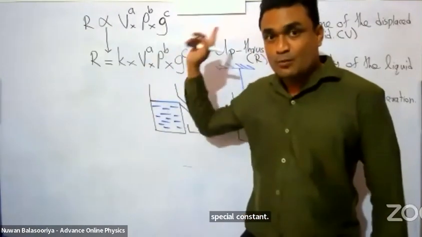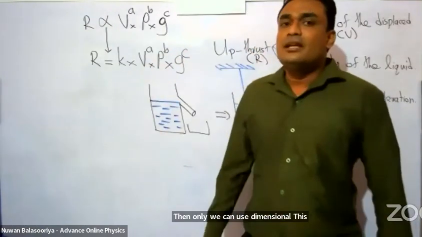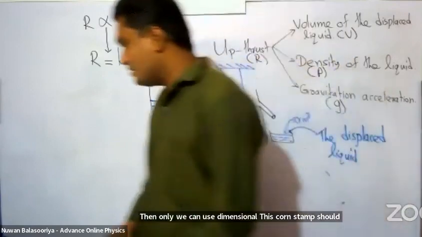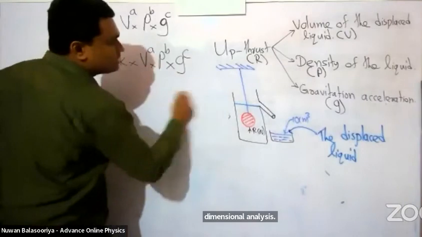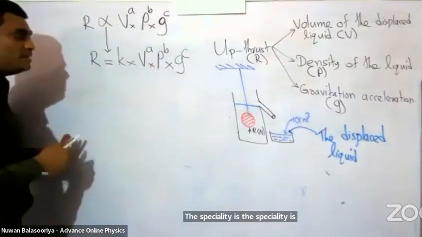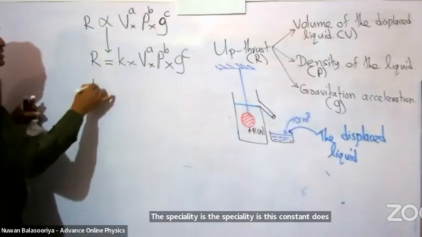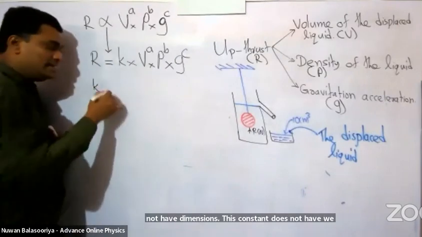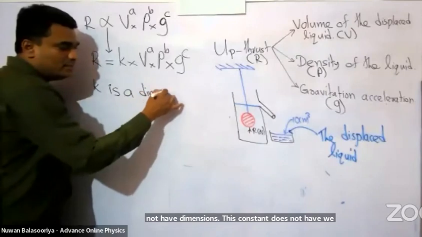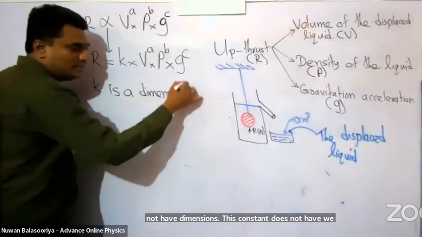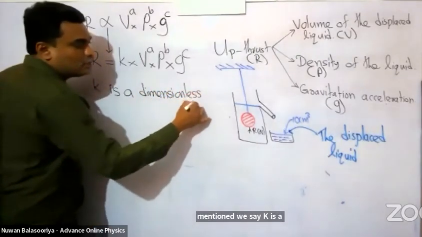The specialty is that this constant does not have dimensions. We say K is a dimensionless constant.